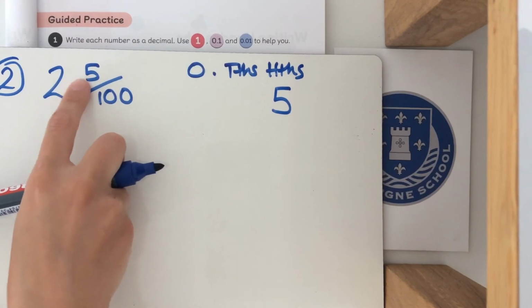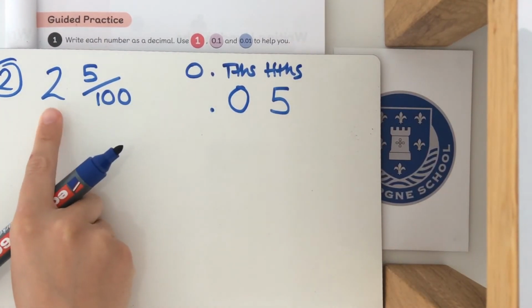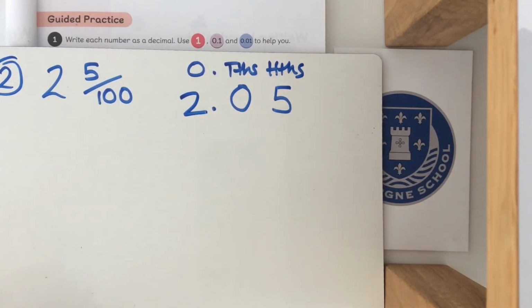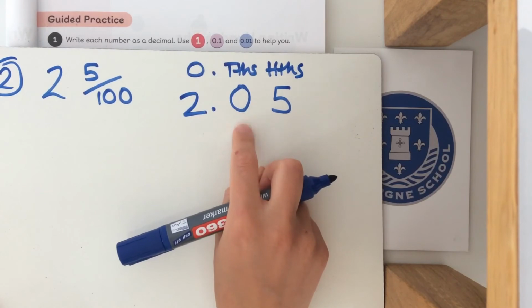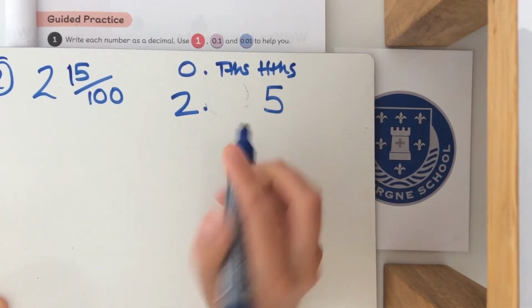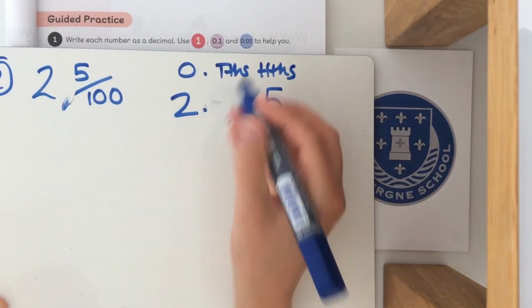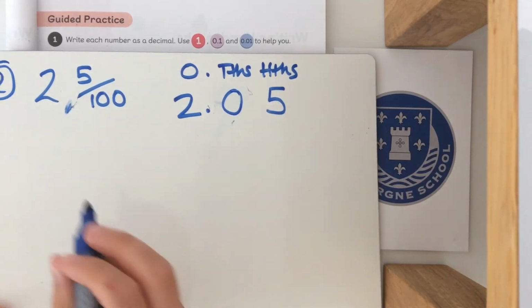We haven't got any tenths here, so I put 0, and how many ones we got? We've got 2, so it's 2.05. We need to have that placeholder in there. If this was a 1, then we would have a 1 in there. Okay, but we don't have anything there, so we just need to put a 0.